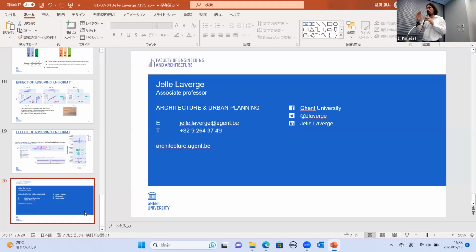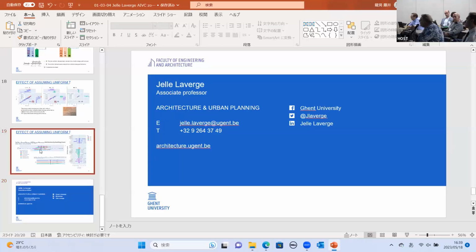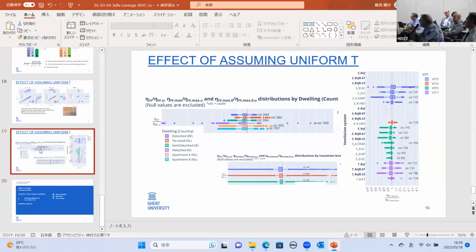Indeed, as you move to better insulated dwellings, temperature differences get smaller anyway. You get closer to uniform temperatures, and so the expected impact of that on the performance of the ventilation system becomes negligible. Yes, and if you add to that in the renovation cases, very often they are looking for room-based solutions, then it is even more practical to neglect these differences.